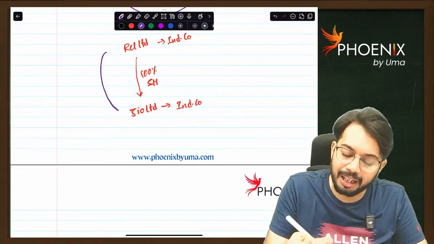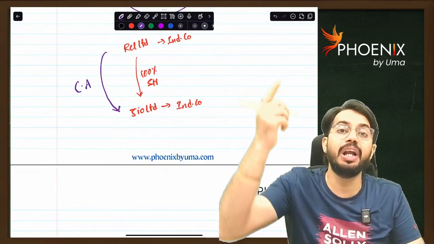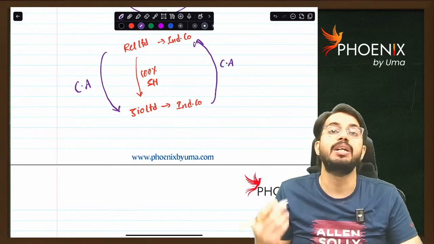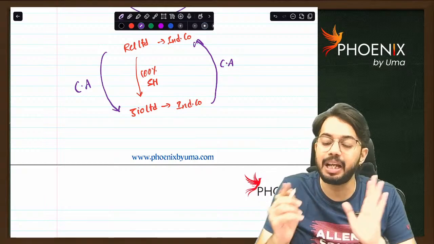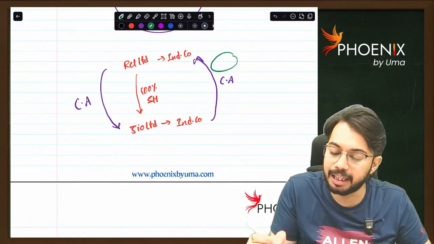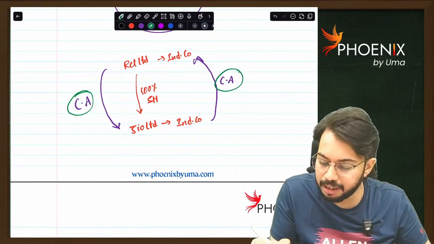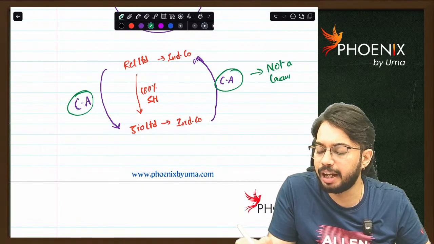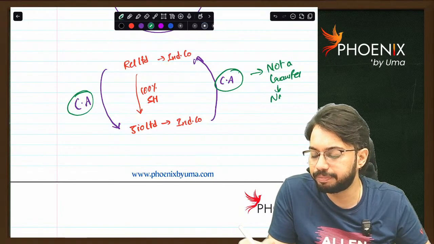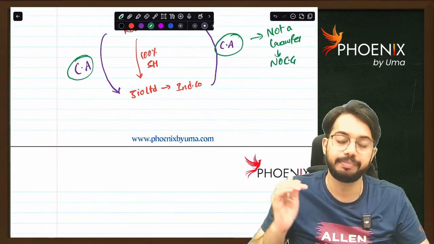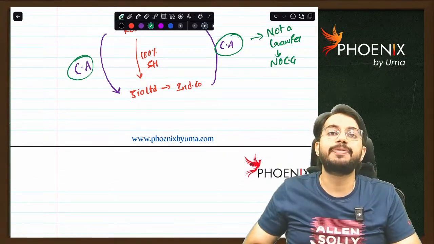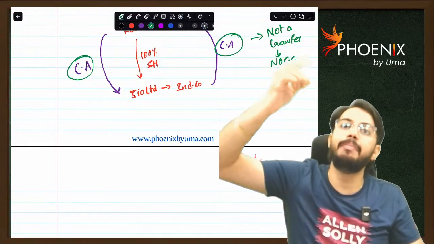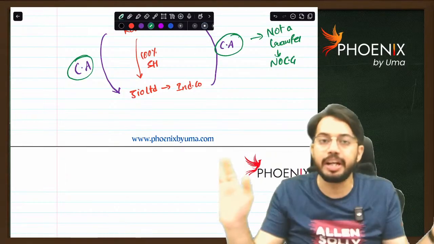Now, whatever capital assets are transferred from holding company to subsidiary company, or from subsidiary company to holding company, this transfer of capital asset is not a transfer and no capital gains are required to be calculated. Are you able to understand? So very simple, transfer of capital asset from holding company to subsidiary company or subsidiary company to holding company is not treated as transfer.